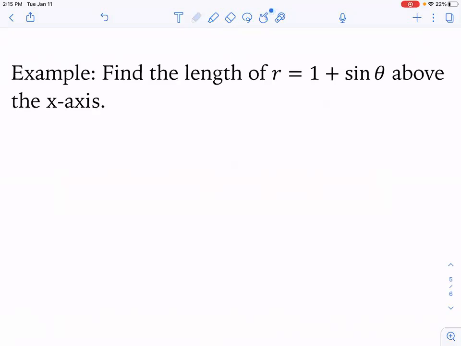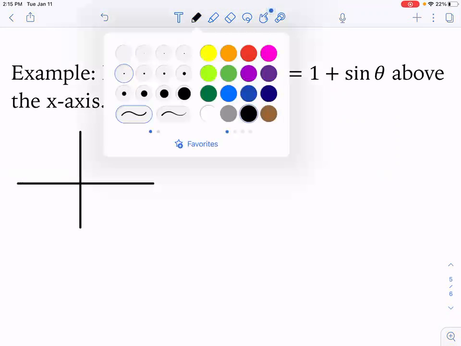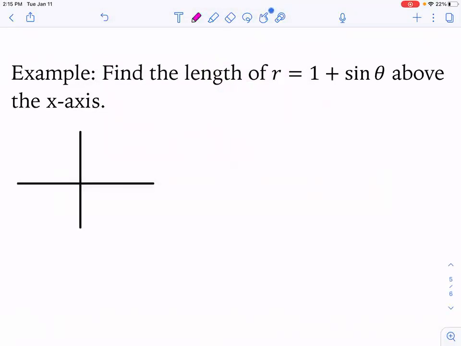All right, what are we working with? Okay, a cardioid where most of it is up, down, left, or right. Okay, and I want the length above the x-axis.